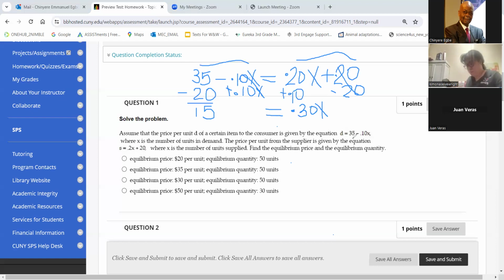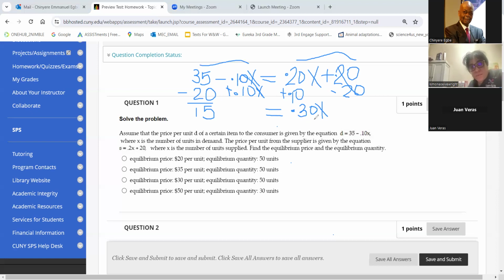Yeah. Okay. So now you want to find x. In order to find x, you want to reduce this x here to 1x. You don't want it to be a fraction of an x or a multiple of an x. You don't want it to be 30x. You don't want it to be 0.3x. You want it to just be 1x. You get it now? Okay.